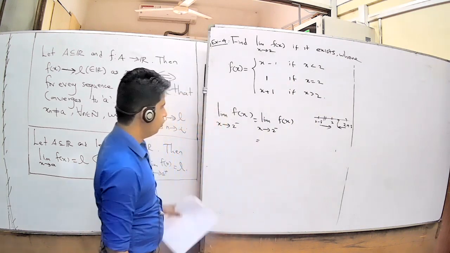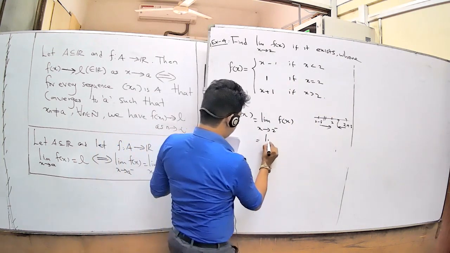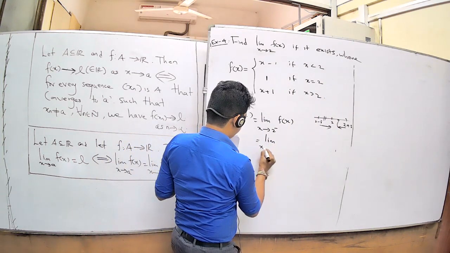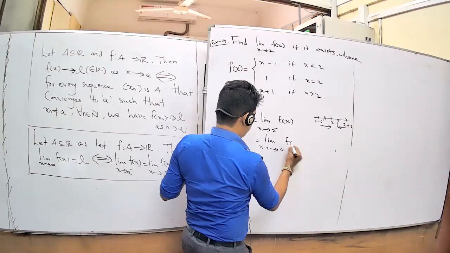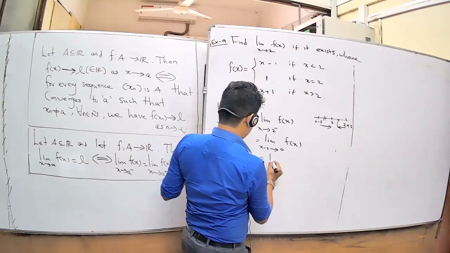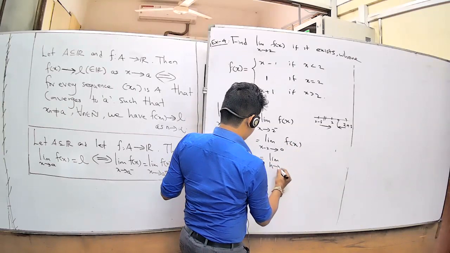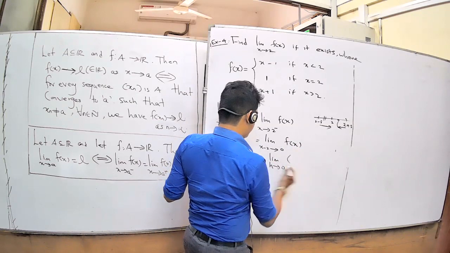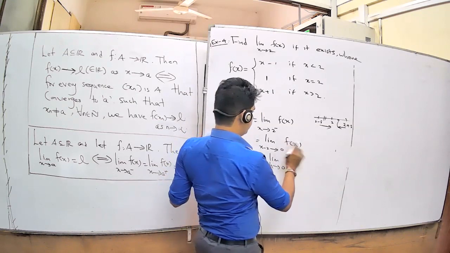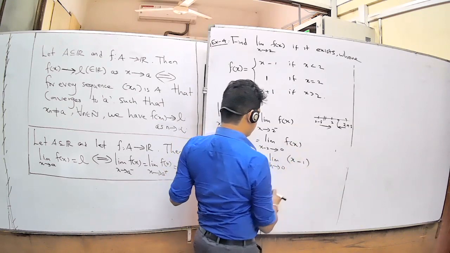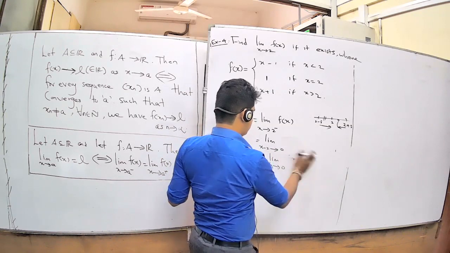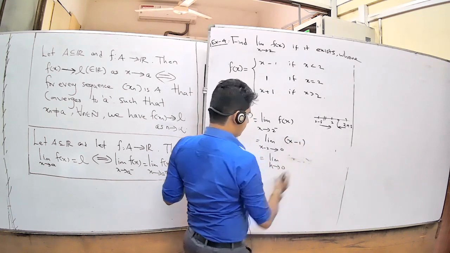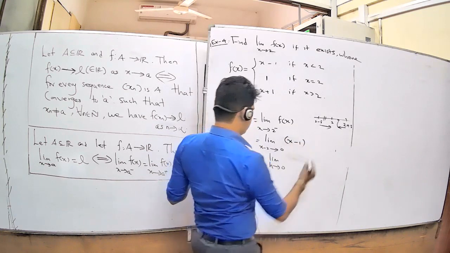Now, here, if you write this part, can I write x minus 2 tends to 0? You put x minus 2 equal h, limit of h tends to 0. What is your f of x here? x minus 1. Now you want to replace x in terms of h.